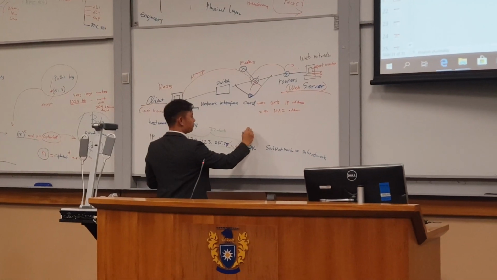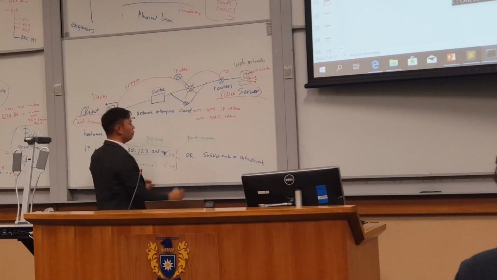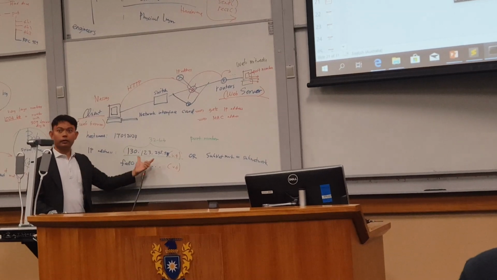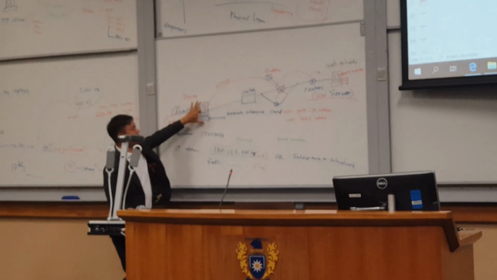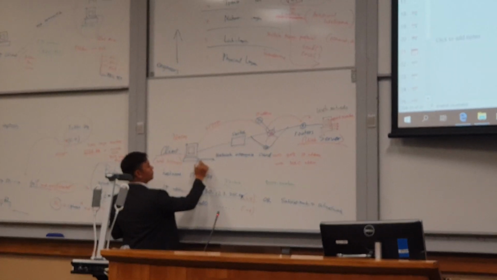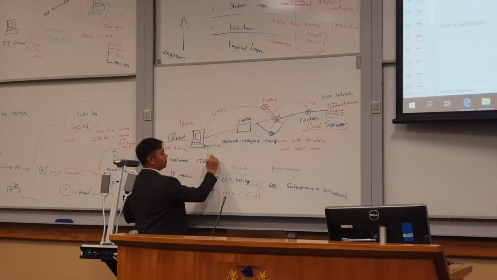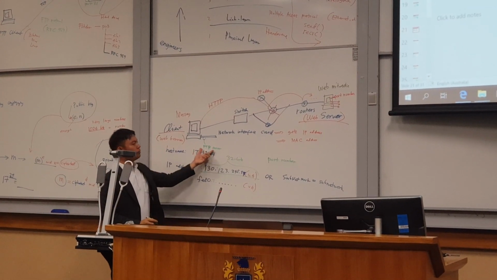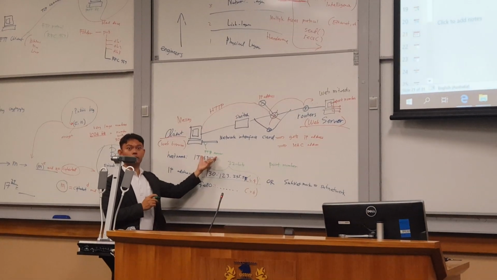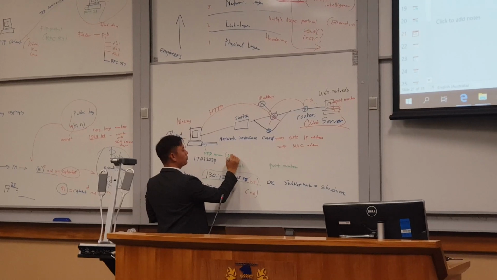The port number helps identify which process on a specific machine you are referring to. Maybe on this machine you're running an FTP server. This FTP server will have a specific port number assigned to it, let's say port 21.